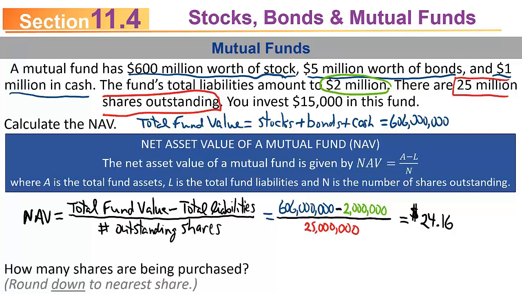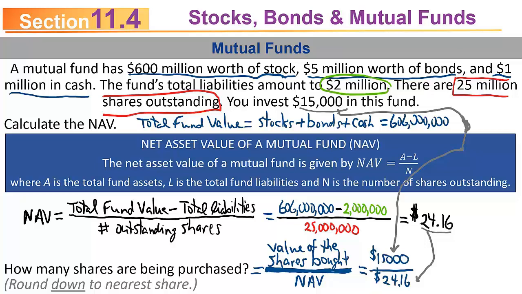How many shares are being purchased, rounding down to the nearest share? To calculate the number of shares being purchased, all you do is take the amount of money you're using to purchase shares and divide by the NAV. So we're going to buy $15,000 in this fund. So the value of the shares bought is $15,000.